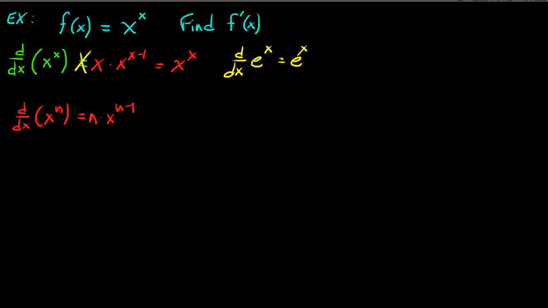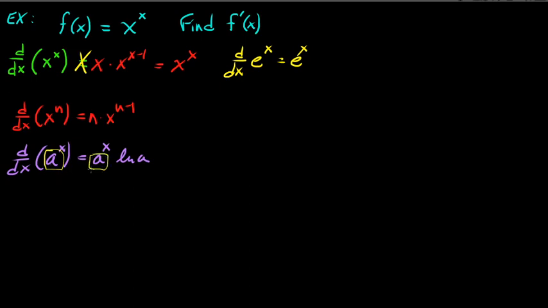Well, there you go. So you might say, of course, I can't use the power rule here because this n is not a number. It's a variable. It's x. So you might think then I just have to use this other rule of a to the x, which is a to the x times log of a. But now we run into the other problem. Now the base is a number.